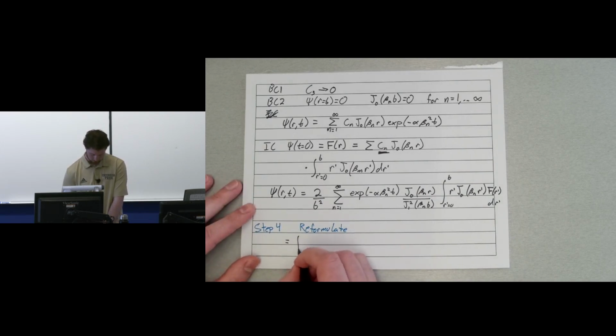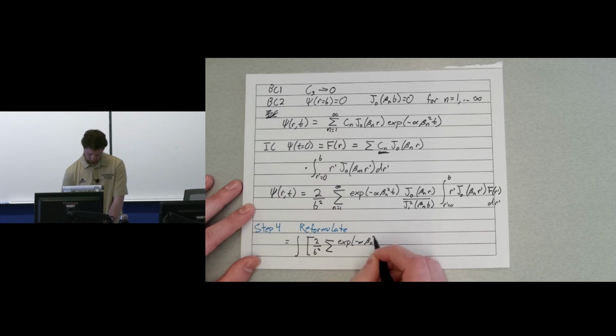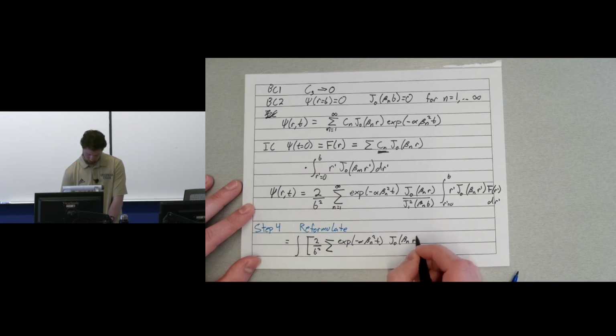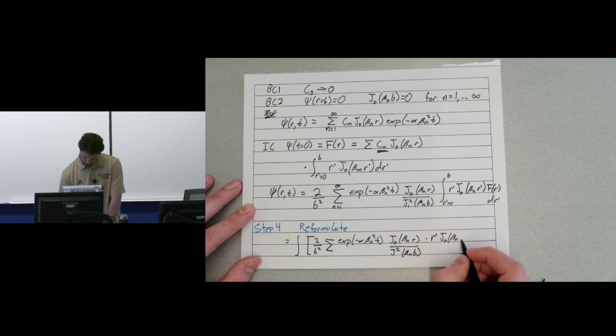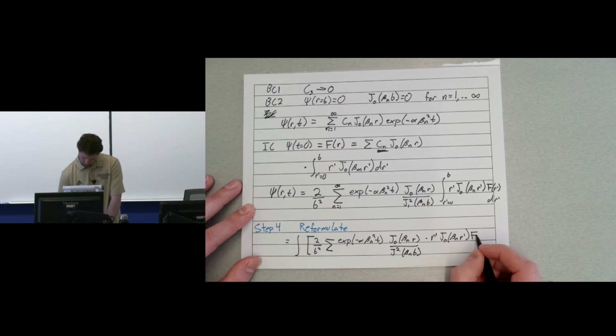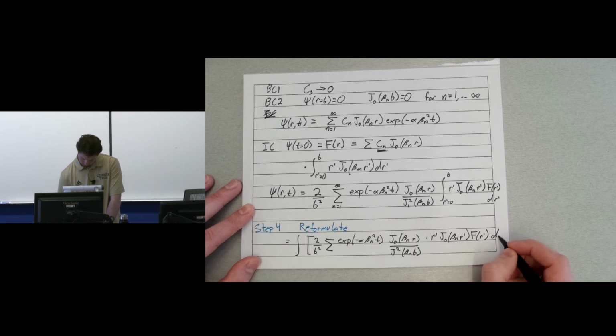This equals, we'll take our integral to the outside of 2 over b squared times our summation, exponent negative alpha beta n squared t, our Bessel functions, and our constant, r prime J naught beta n r prime f of r prime dr prime.